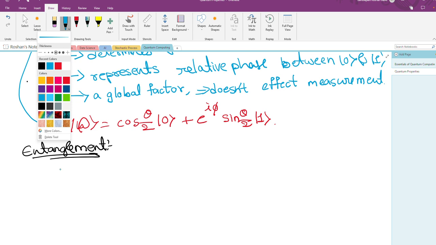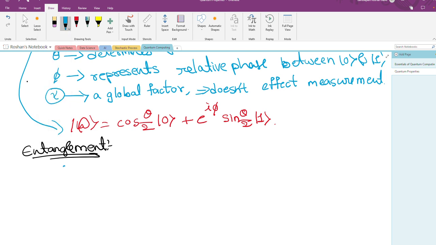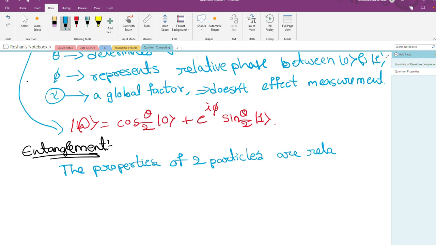Entanglement in a simple way: let's say the properties of any two particles are related even if they are separated.